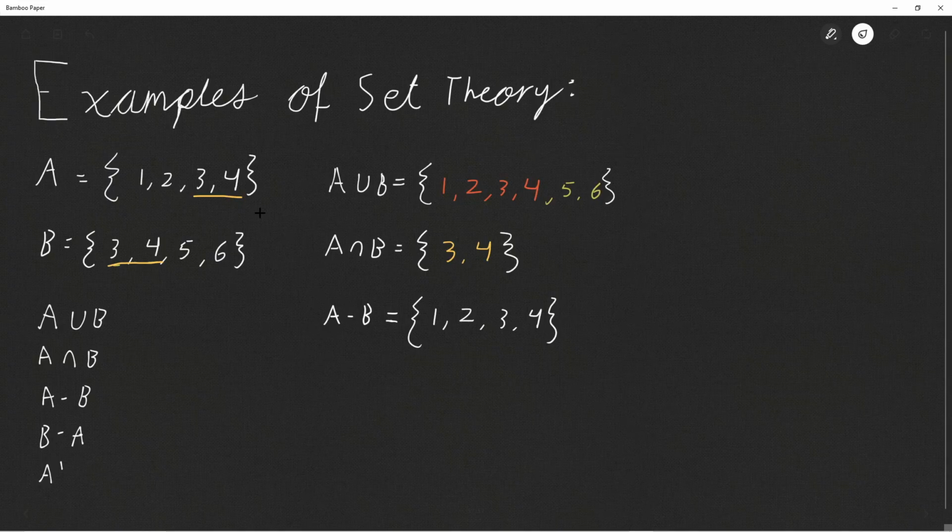But since we want to find the difference set, it means that we want all the values of A that aren't in B as well. Meaning our 3 and 4 will have to go away, which will give us our answer of 1 and 2.